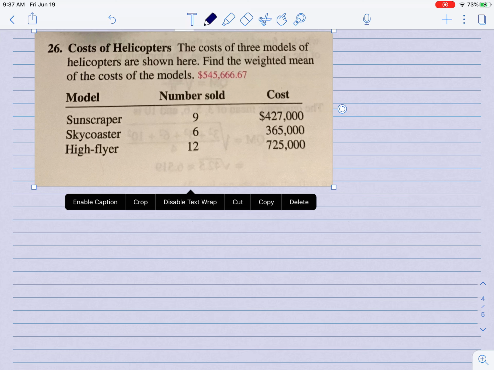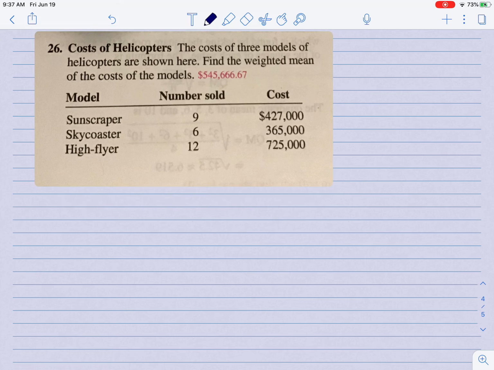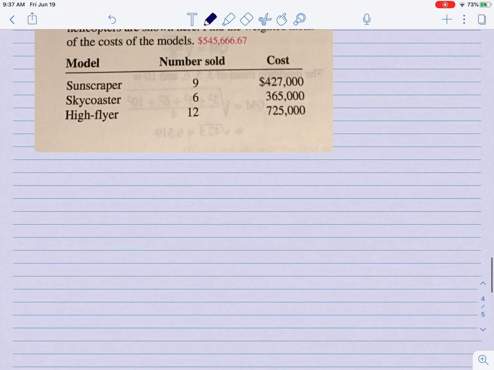Find the weighted mean of the cost of the model. The numbers sold can vary, but the cost is going to stay the same. So whether I sell 9 or 6 or 12 of these things, the cost of each one is still the same. So the number sold is our weight, and the cost is our X.